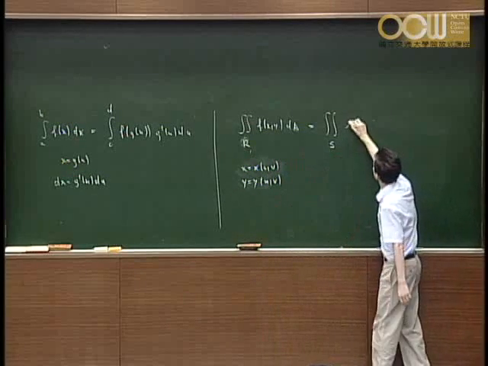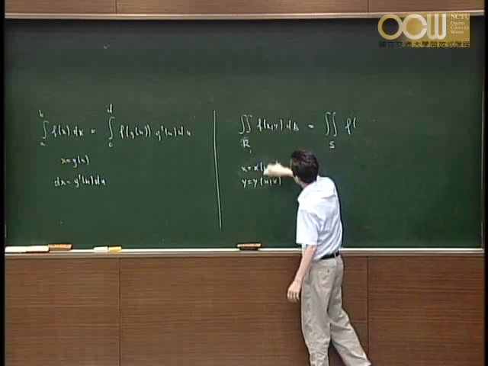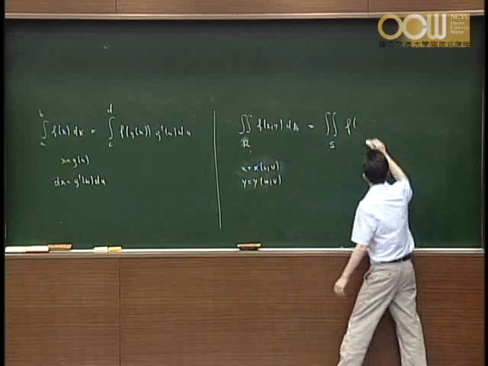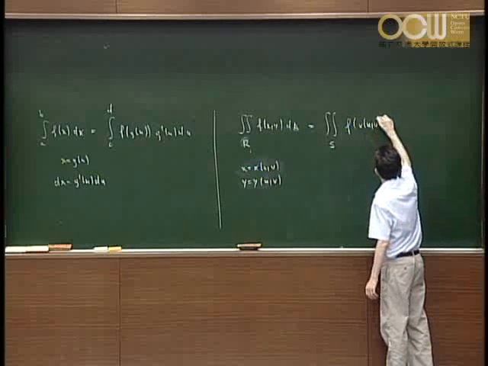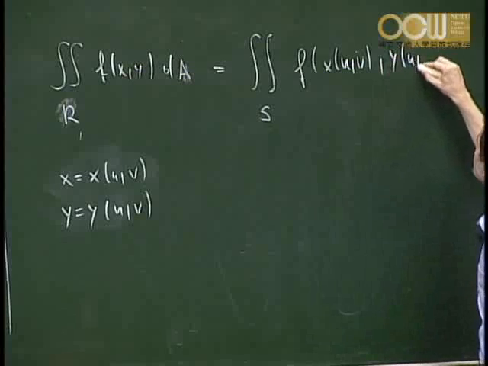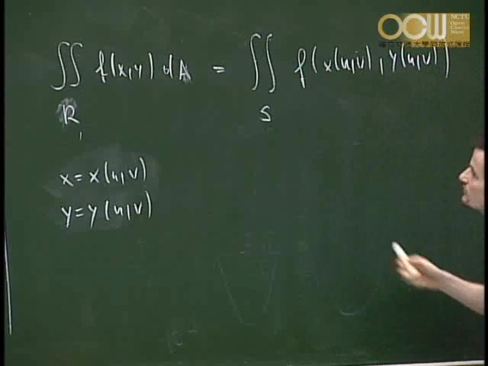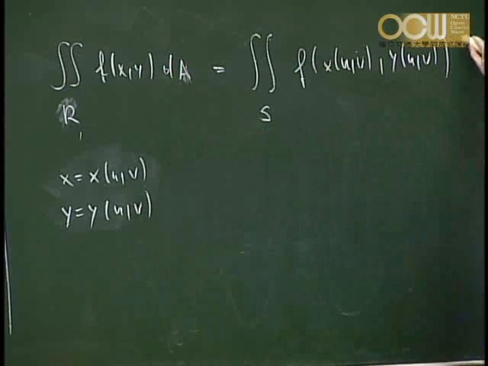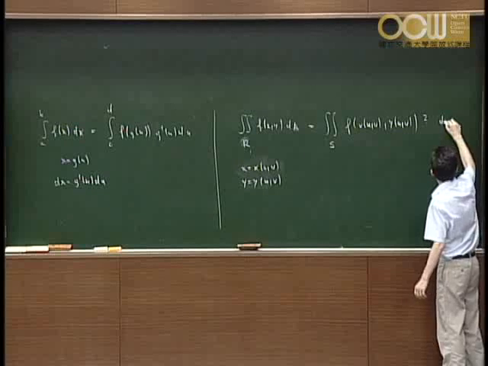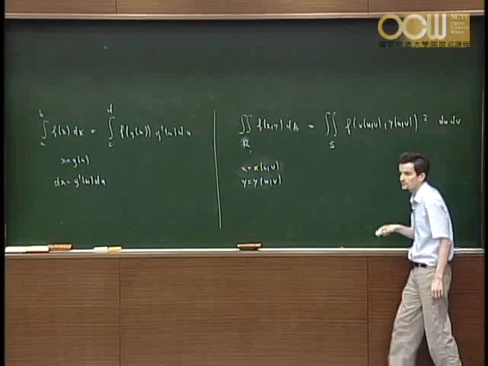Then we replace x and y by our new expressions. So we have x of uv and we have y of uv. And here we still have to figure out what will happen. And then our new integration is in the uv plane.